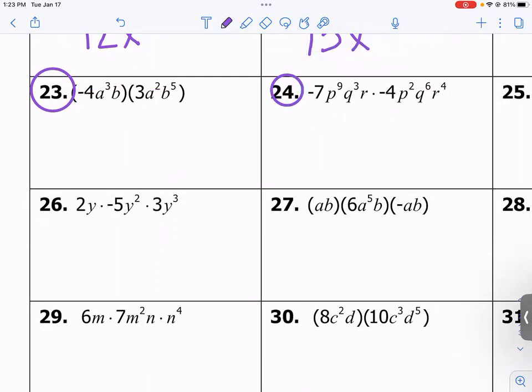So we can spell words with math. Kind of, yeah. Oh, so six, because it's like a one.